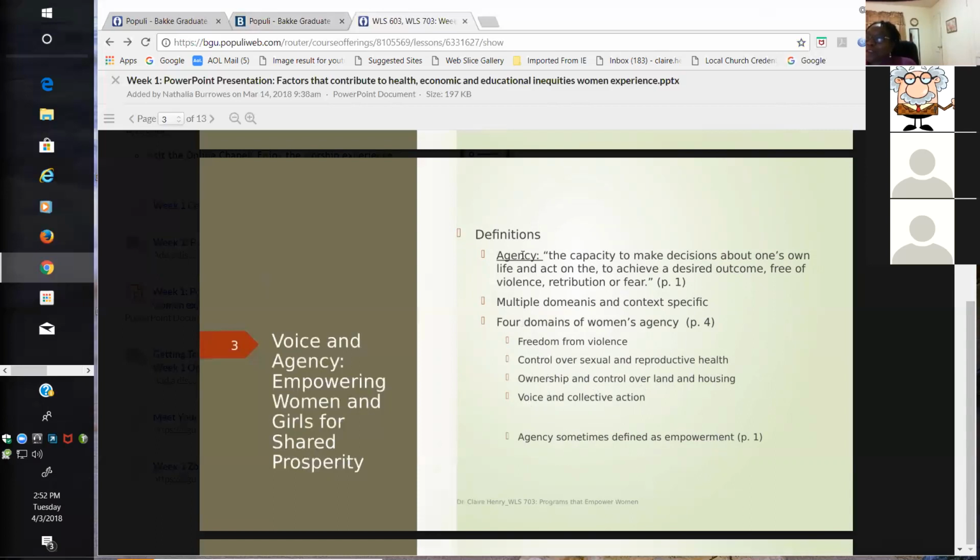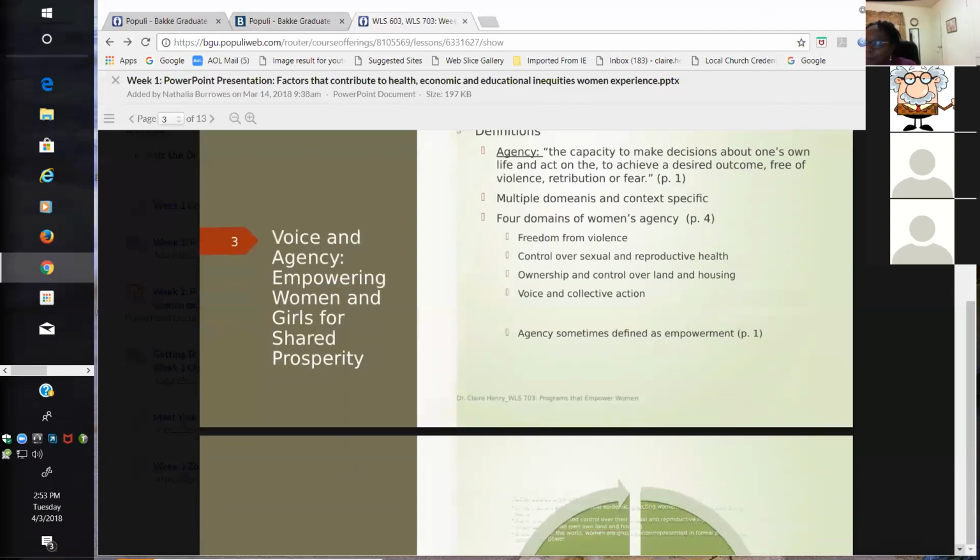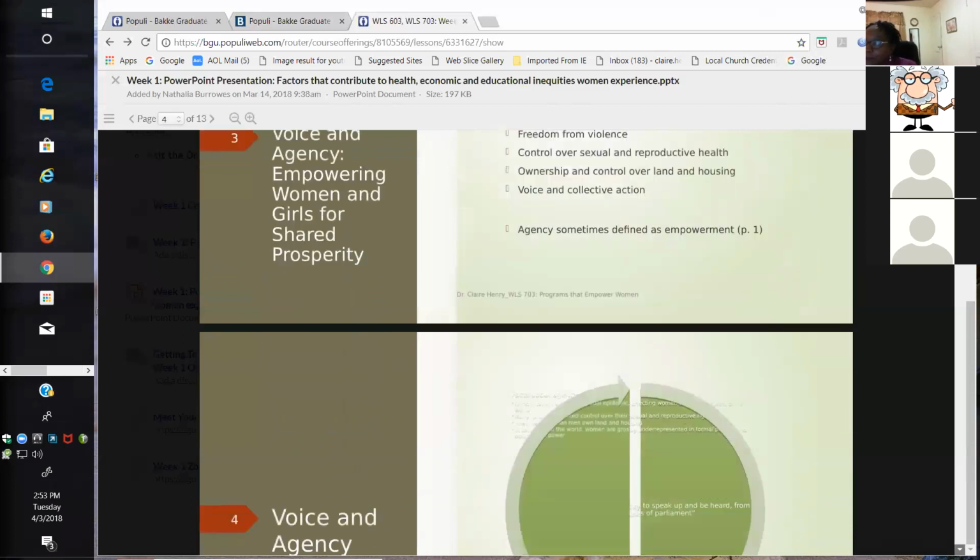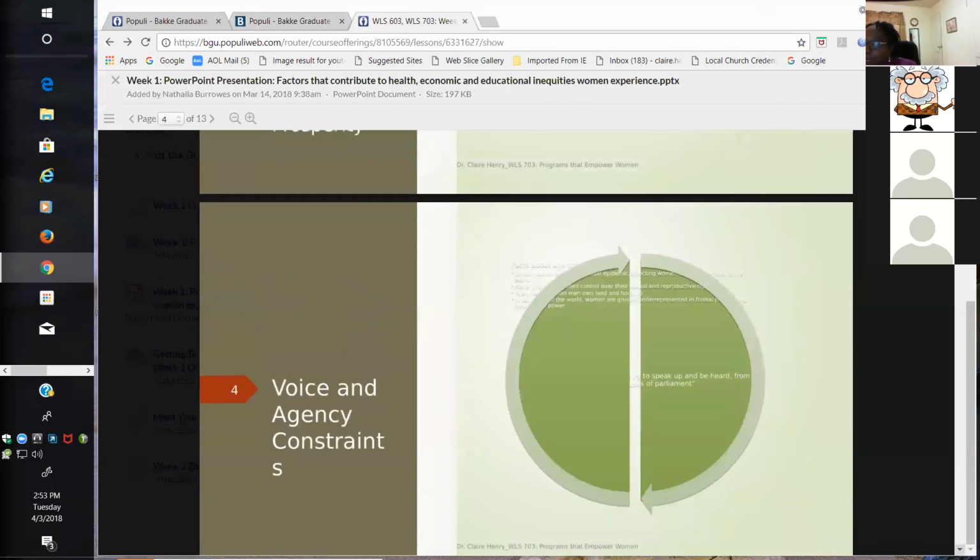So this is a definition of empowerment: the capacity to make decisions about one's own life and to act on these decisions to achieve a desired outcome free of violence, retribution, or fear. Okay. Any questions or comment on that? Okay, we'll move to the next slide.